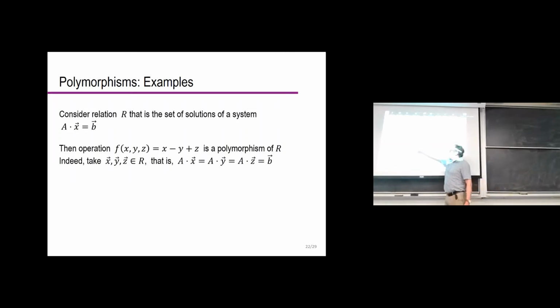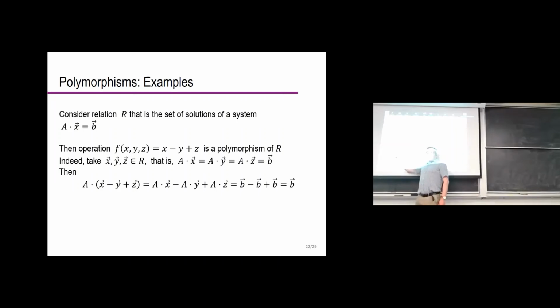I need to combine them using this function, component-wise, and check that the result is again a solution of the system. Multiply by the matrix and check if I get b in the end or not. But that's trivial, because multiplication here is linear, so that's it.